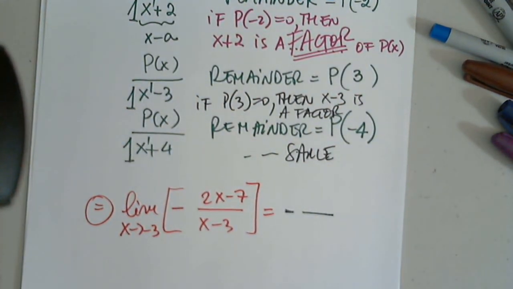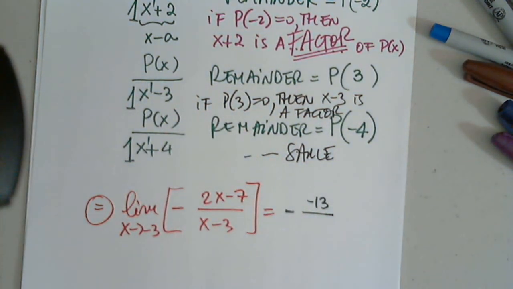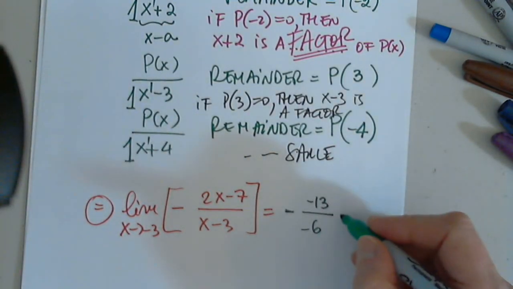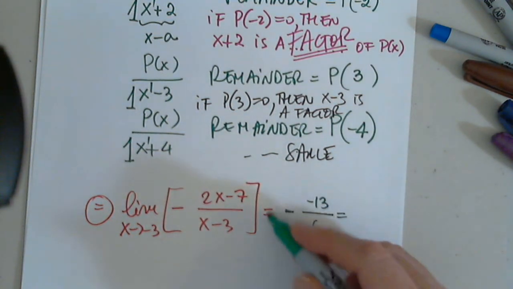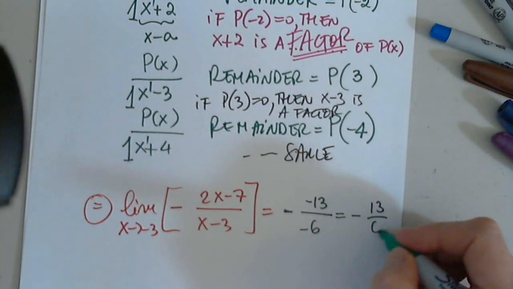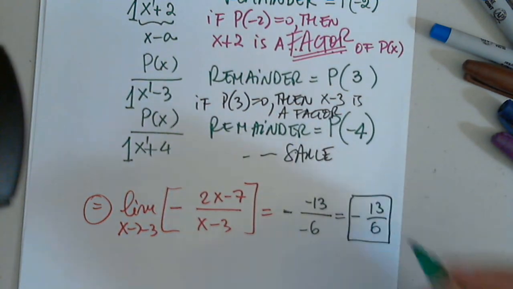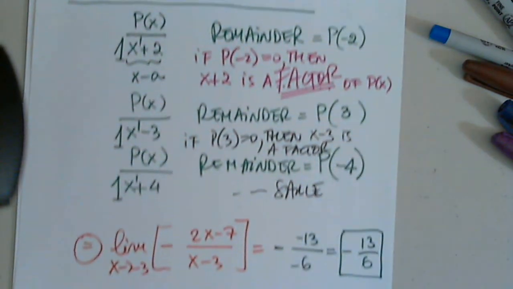Who would like to give us the top? -13. Very good. The numerator is -6 minus 7, -13. Well done. And the denominator? -6. Very good. How many negatives do I see here? Negative 13 over 6. That's why I always take care of the sign first so I don't make an error. Please remember this. It will save you a lot of time.